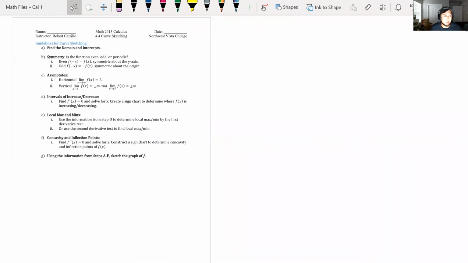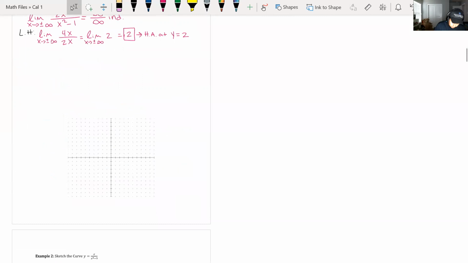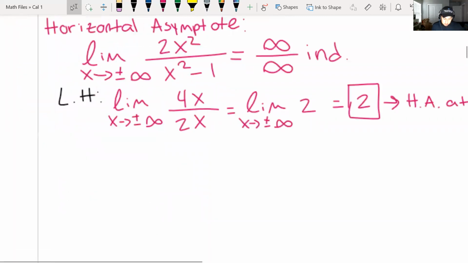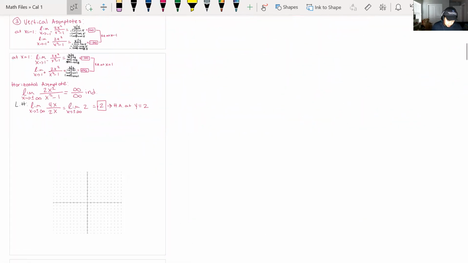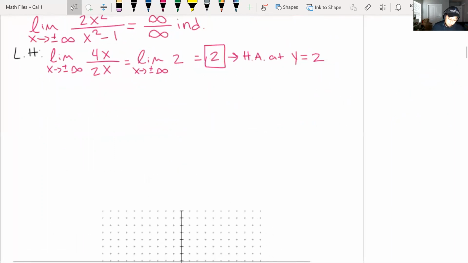Step C, or 3, is done. Next, I'm going to put steps D and E together because we're looking for max and mins. It's find the derivative, set it equal to 0, solve for x, make a sign chart, find max and mins. So I'm putting steps 4 and 5 together. All right. Time to write small. So let me make a barrier for myself.